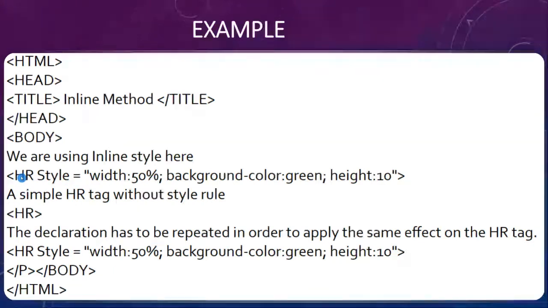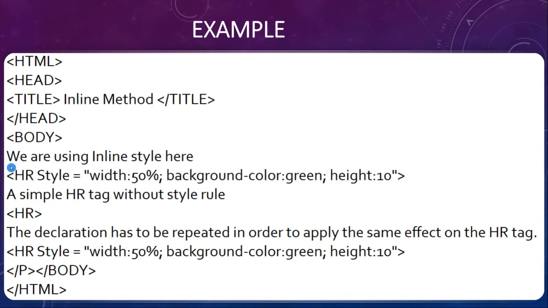The HR tag is used to give a horizontal line. Here I'm using the inline style property, width colon 50%. So the width of the line will be 50%, the background color of the line is green, and the height is 10. We have already learned about the attributes of HR style, so just compare with that.